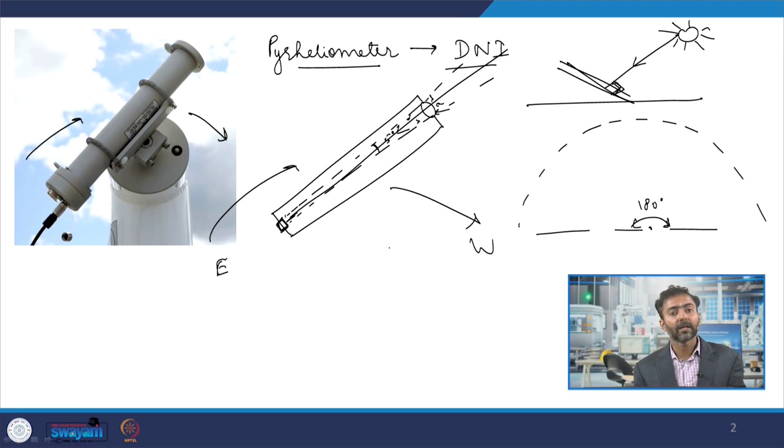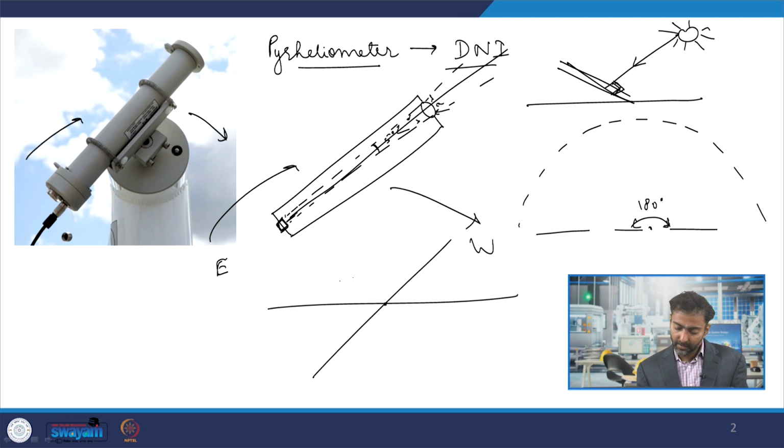East to west, as you understand, is the movement of the sun over the day, but across the year there is some north to south movement also. And to understand that in a brief manner, suppose for an observer in the northern hemisphere, let us say this is the location where we are interested, and this is the due north, this is due south, this one here is the west direction, and this one here is the east direction. So as we understand, the sun rises in the east and goes to the west.